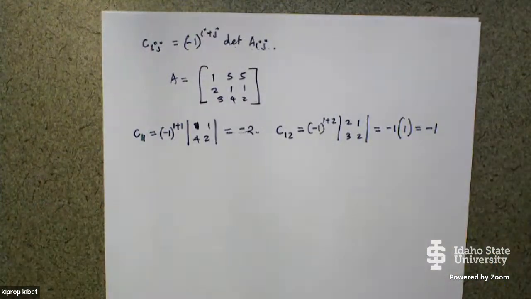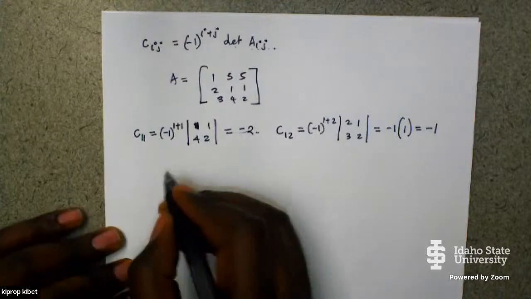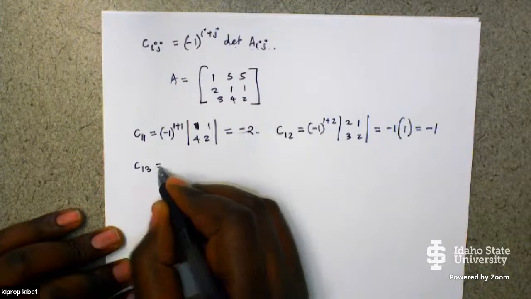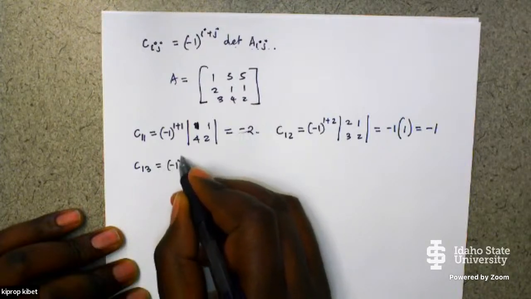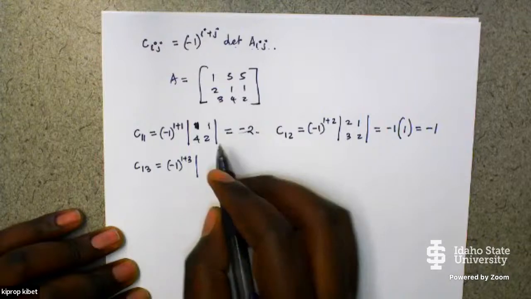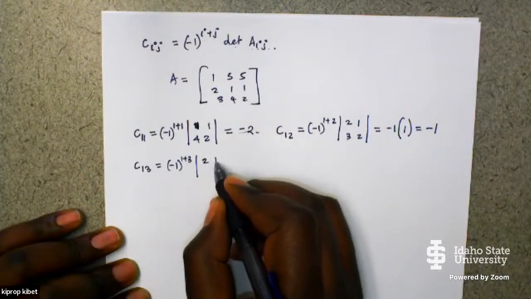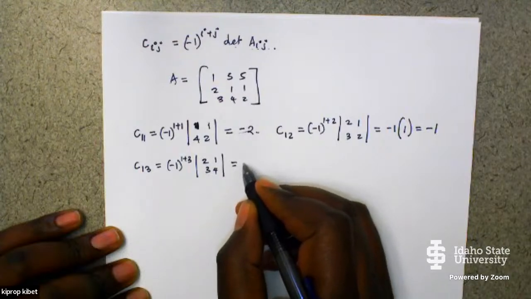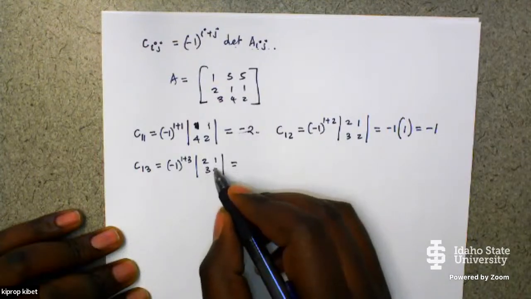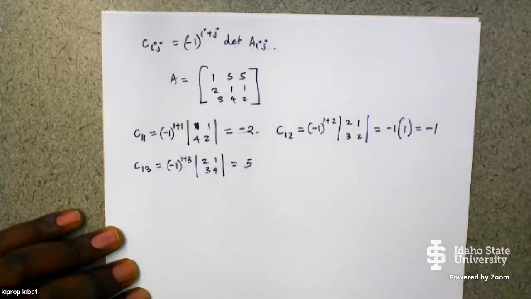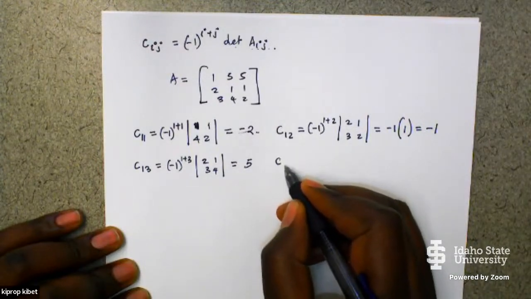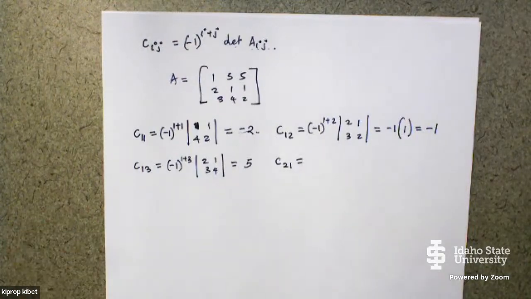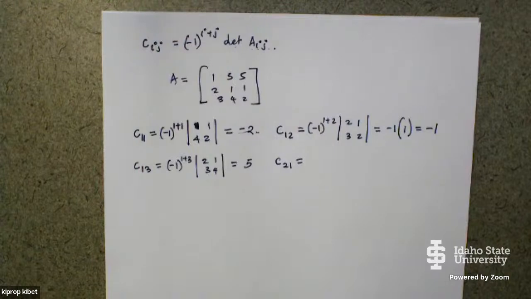Okay. C13 is the same thing, minus 1 raised to 1 plus 3, determinant of 2, 1, 3, 4, which is positive. This is 8 minus 3, which gives us 5. C21 is found by deleting the second row and first column.